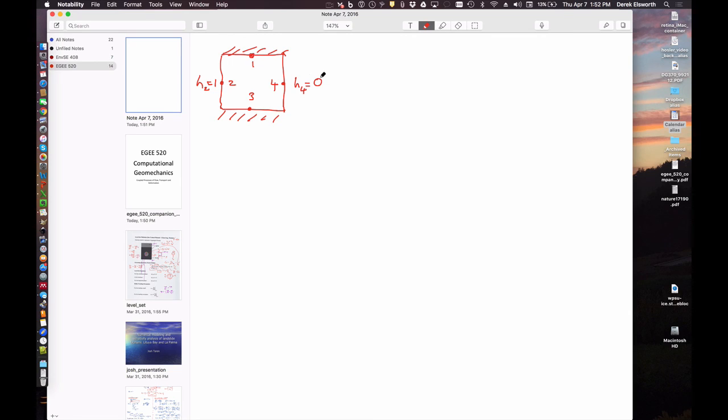At the first element, we know that the velocity normal to the boundary is by definition equal to 0. Right? And this has to equal the velocity that's induced by a source at location 1, with a magnitude of m1, plus a source at this location.